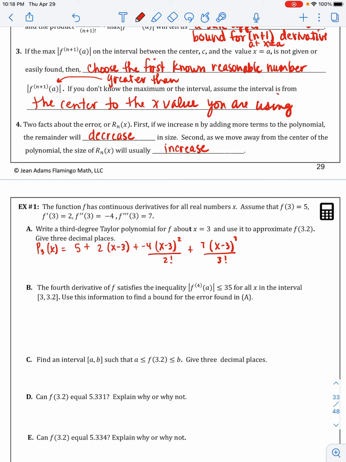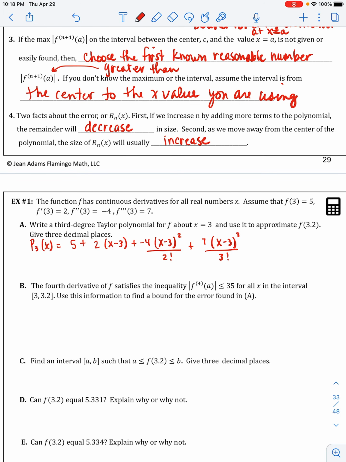Plus, my f triple prime is 7 times x minus 3 to the third over 3 factorial. And so that is my third degree Taylor polynomial. And we're going to now use that to approximate our f of 3.2.